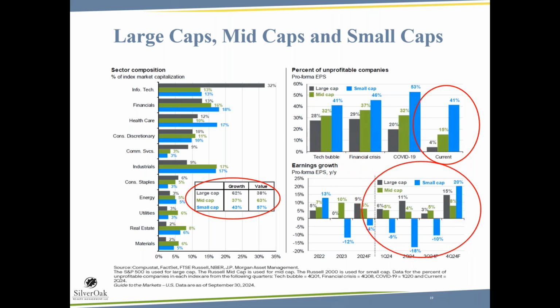Now, here we've talked a little bit about earnings, and I think for small caps to continue to improve, we're going to have to see those unprofitable companies start to earn money. And so the interesting thing is that for the last 5 quarters, including the third quarter, we have negative earnings growth on a year-over-year basis.